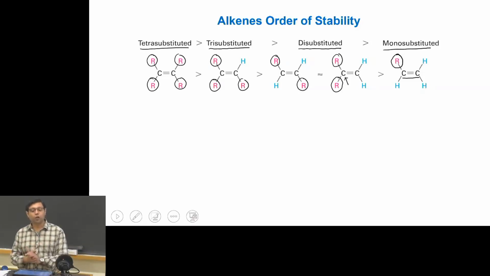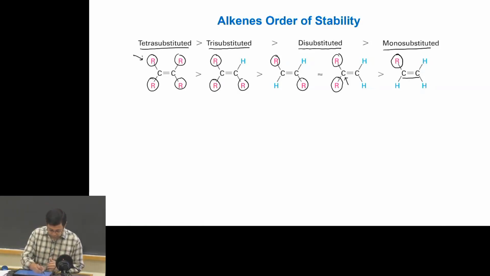Now these R groups attached to the double bonded carbons can be same or can be different. Please keep in mind an R group is a hydrocarbon fragment, right? And now if you take a look at the stability of these substituted alkenes, the tetra-substituted is the most stable, followed by tri, followed by di.